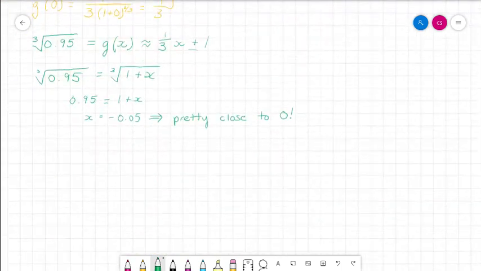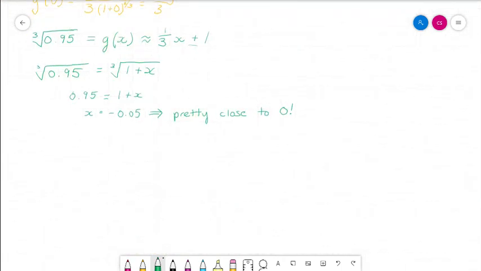Okay, so then how's that going to work? So we know then that cubed root of 0.95 can be approximated by this line. And what's the x value going to be? The x is going to be negative 0.05. So we can say then that the cubed root of 0.95 is approximated by 1/3.